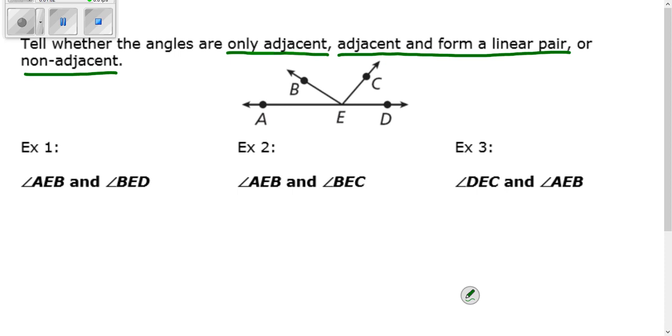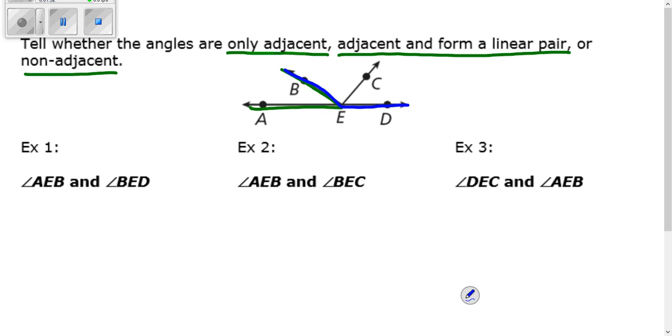So, example number 1, we have angle AEB. So let's look at angle AEB and angle BED. Okay, we see that along ray EB, they share that ray, they share that side of their angle.